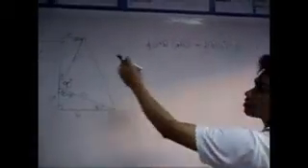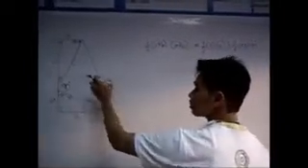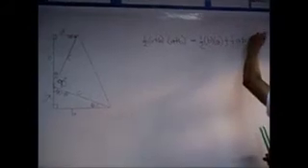That will be 1/2 times the base, which is A, and its height is B. Next is the third triangle, this one. We'll be having 1/2 times its base is C times its height is C. Well, we can simply write that as C squared, right? Since it is C times C.